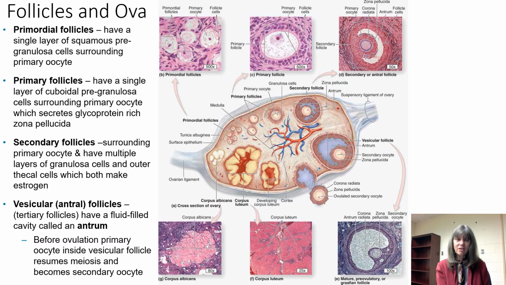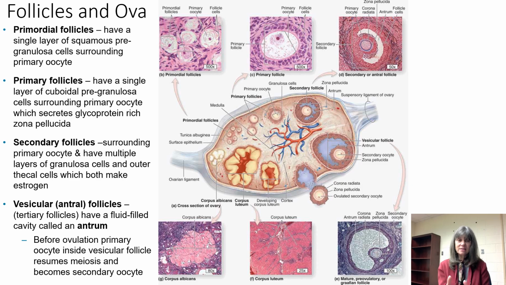The primary follicles still have a primary oocyte, and now they are characterized by having a single layer of cuboidal-shaped pregranulosa cells surrounding that primary oocyte, which is now going to start secreting a glycoprotein-rich zona pellucida. So it's got a clear layer of glycoprotein around itself.